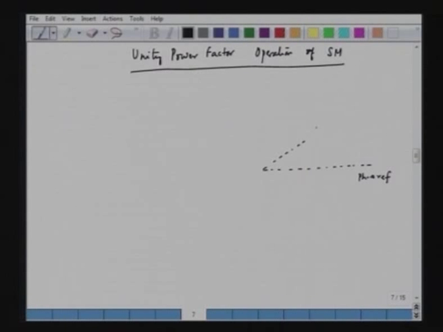So, we have the d axis of the rotor, and this angle which the rotor makes with phase A reference is theta r, the rotor angle.